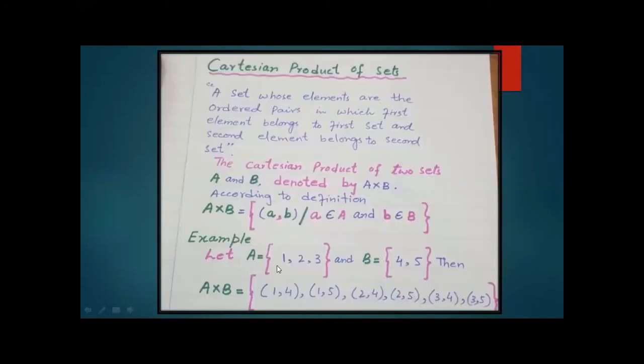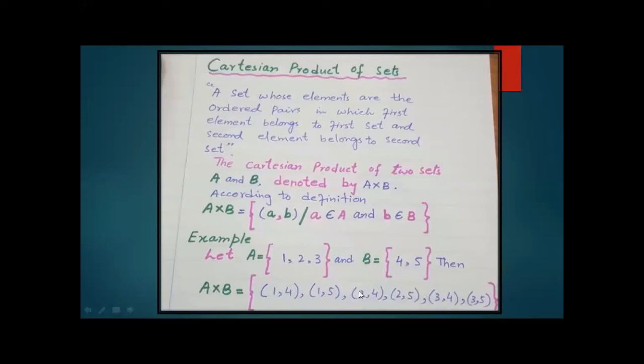Let's consider an example. If set A contains elements 1, 2, 3 and set B contains 4, 5, what will be its Cartesian product? Its first ordered pair will be 1, 4. Take one element from set A and the second element from set B. So 1, 4 is the first ordered pair, second is 1, 5.